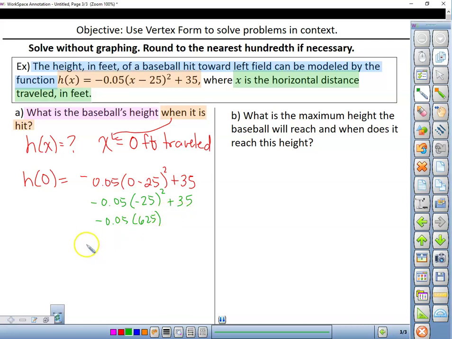And what you're going to get is, at the end, 3.75. No rounding is actually needed. You'll notice if you do the math on your own. So this is my h value, remember, my height. So in conclusion here, what is the baseball's height when it is hit? So when the baseball is hit, its height is 3.75 feet.